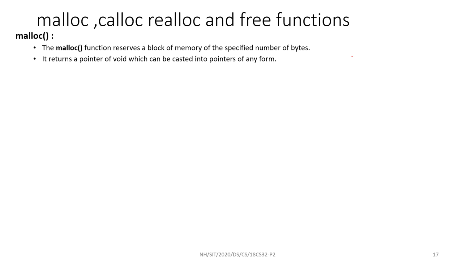This reserves a block of memory with a specified number of bytes. By default, it returns a pointer of void, but we need to store our particular data type. For that, you have to cast it like integer or character or float.